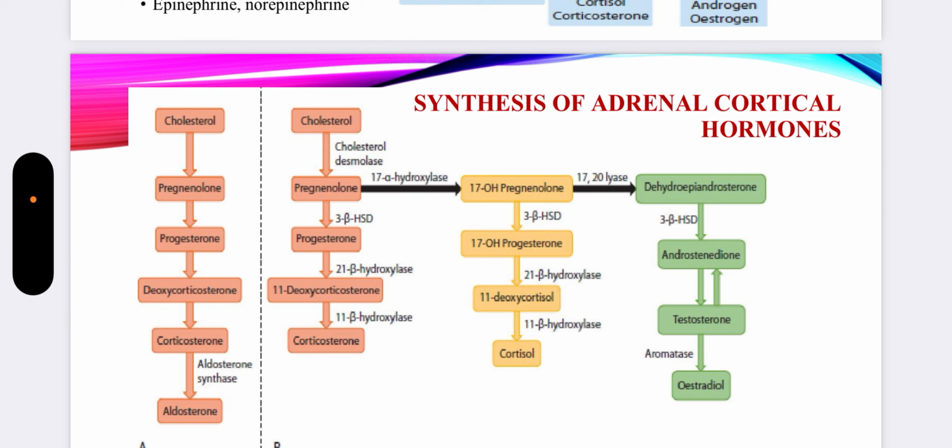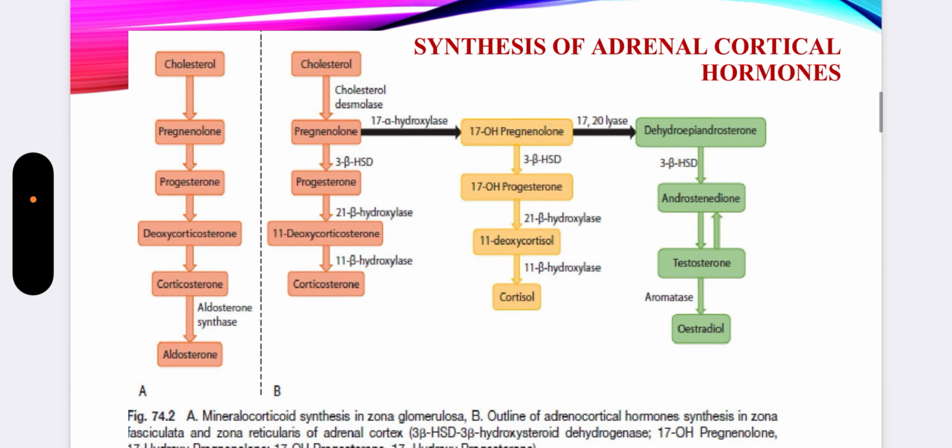Testosterone, with the help of aromatase enzyme, forms estradiol. So testosterone and estradiol, the sex hormones, are synthesized from dehydroepiandrosterone, which is synthesized from 17-hydroxypregnenolone, which comes from pregnenolone. Pregnenolone comes from cholesterol. You have to memorize this entire flowchart. It is very, very important.